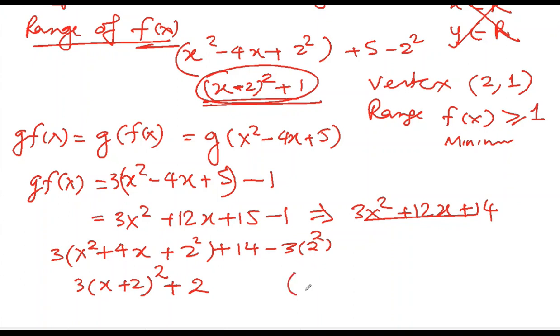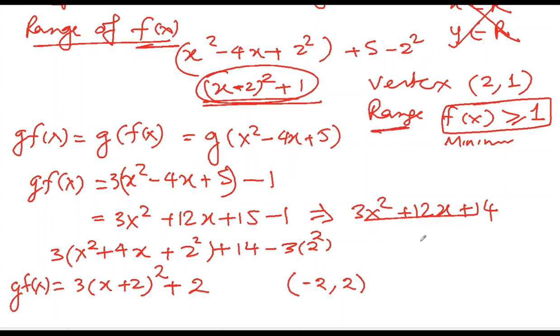The vertex of this new g(x) is minus 2, 2. Our range for the first one was f(x) is greater than or equal to 1, which became the domain for g(x). So the domain for g(x) will be x is greater than or equal to 1.